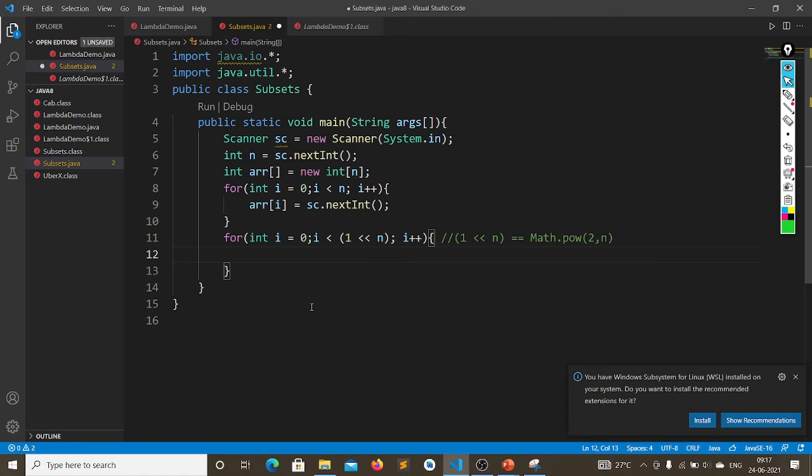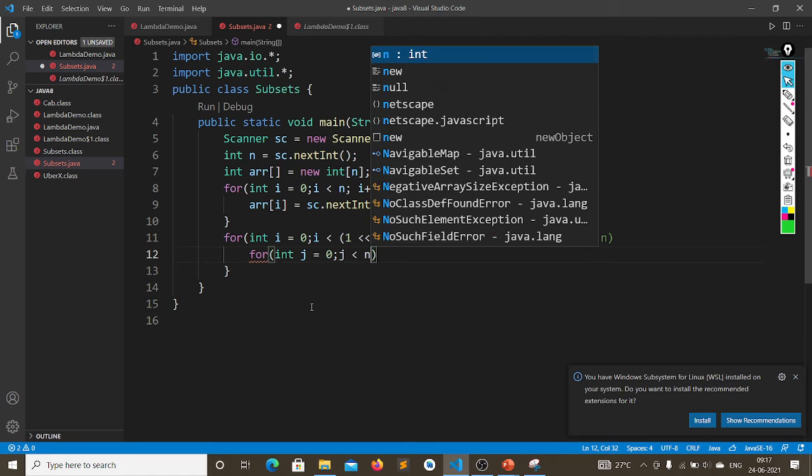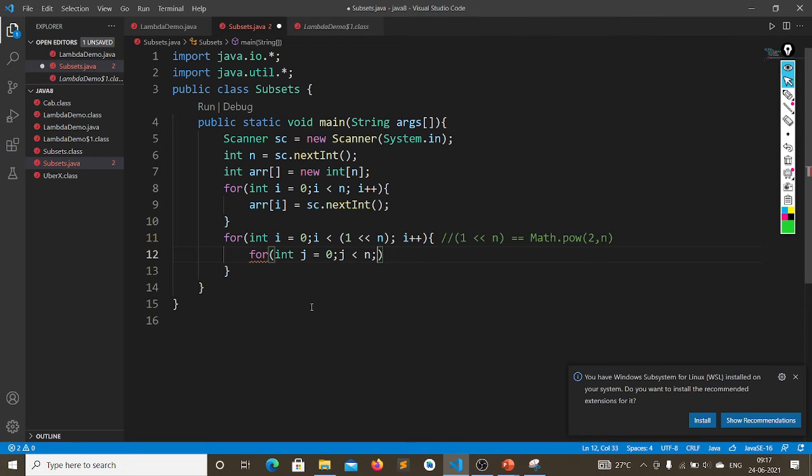Now I took 0 to 2 power n. Again I want to do for int j = 0; j < n; j++. Why did I write it like this?